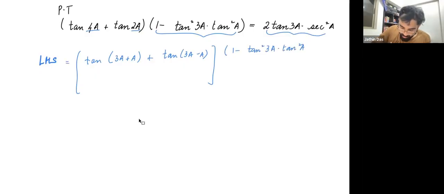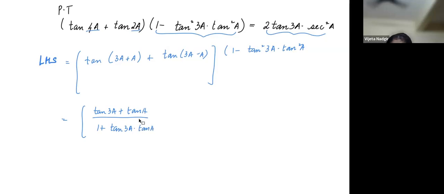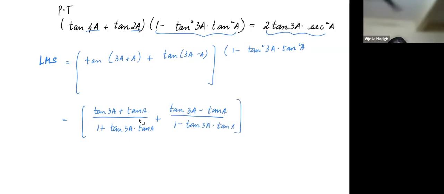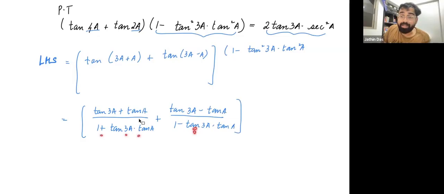Okay. So tan A plus B, tan 3A plus tan A by 1 plus tan 3A into tan A. Here tan 3A minus tan A by 1 minus tan 3A into tan A. Correct? Yeah. Now see, इसका LCM क्या है? It's A plus B into A minus B form.